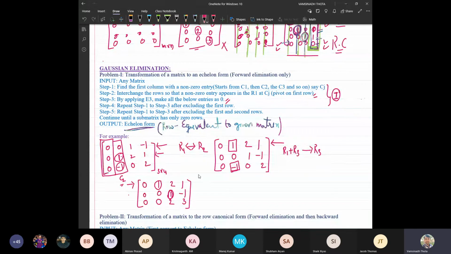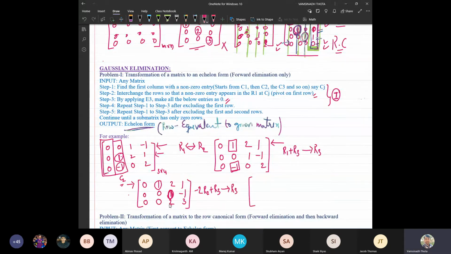So what is this? This is the second pivot element. And now what we have to do? We have to make all the below entries 0 with the help of E3. So what is the elementary operation? Minus 2 times R2 plus R3 replaces R3.